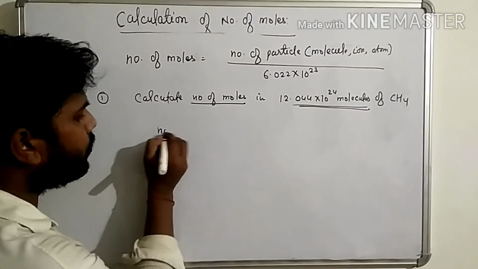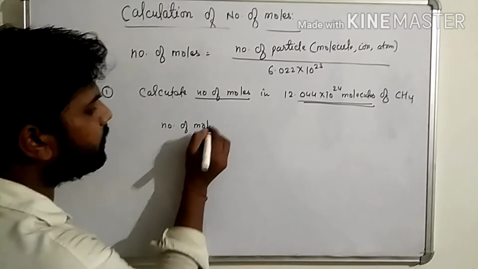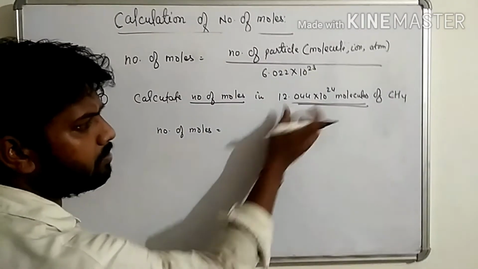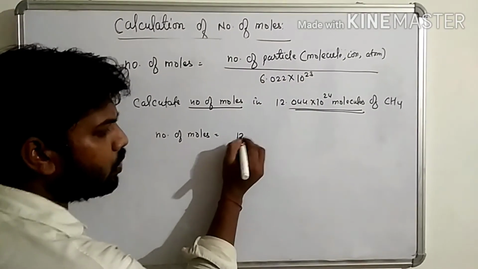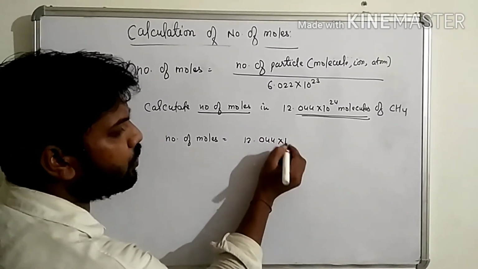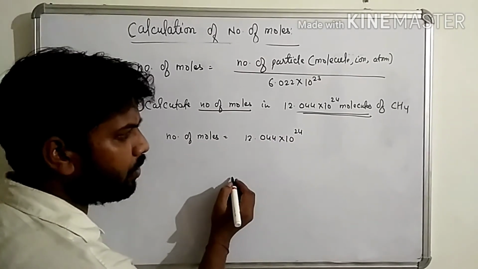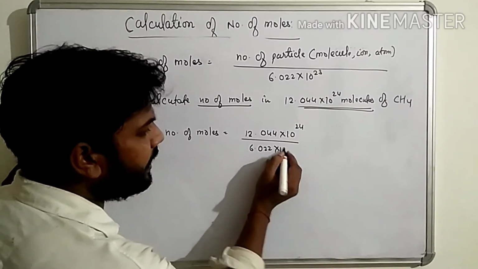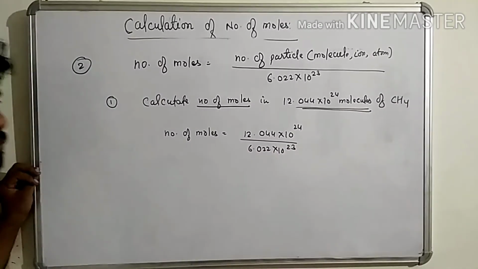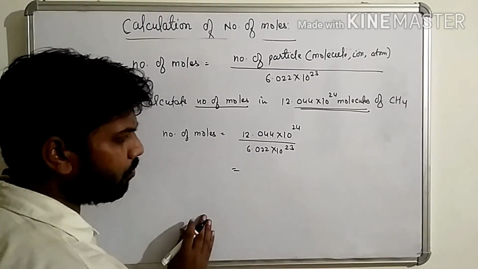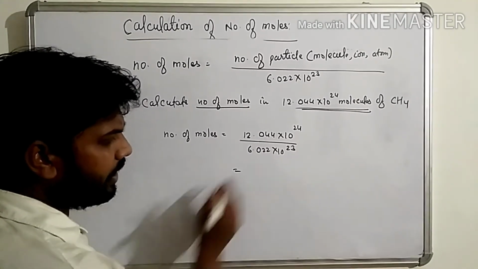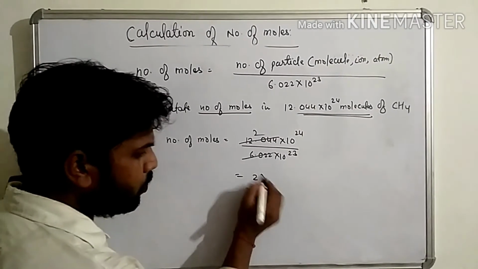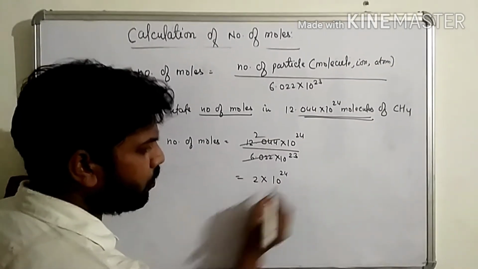So number of moles will be number of particles, it is already given children, 12.044 into 10 to the power 24 by 6.022 10 to the power 23. Now here it can be divided by 2 into 10 to the power 24.